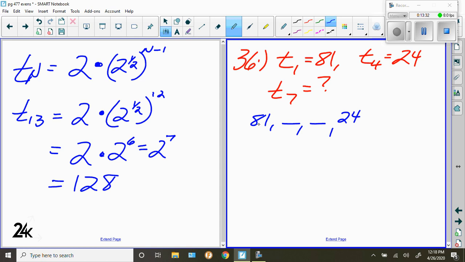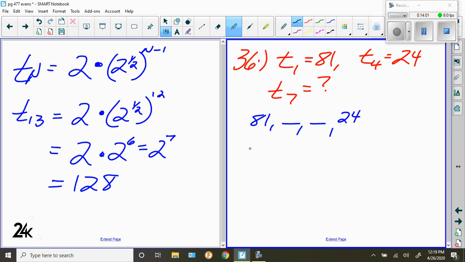So if I take 81 and divide it by 3, that would be 27. Oh boy, so that doesn't work. What if I divide it by 9? That doesn't work. Oh, brother. So this one could be interesting. Are you ready? Here we go.